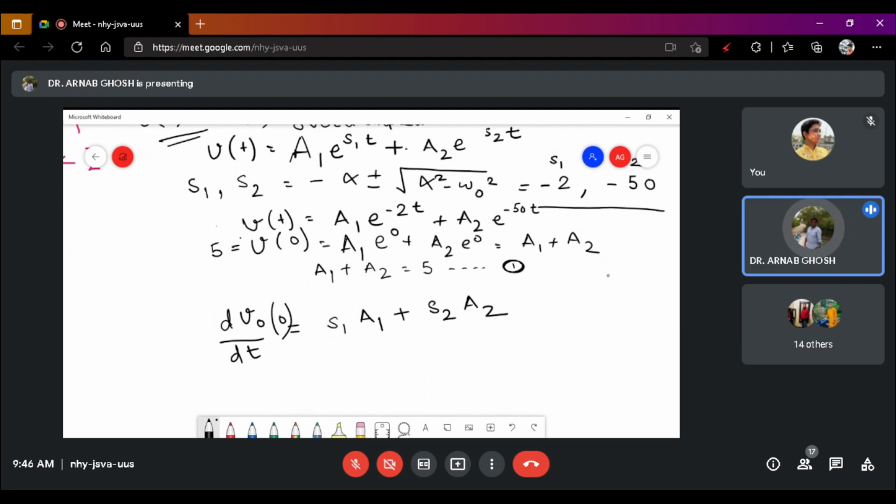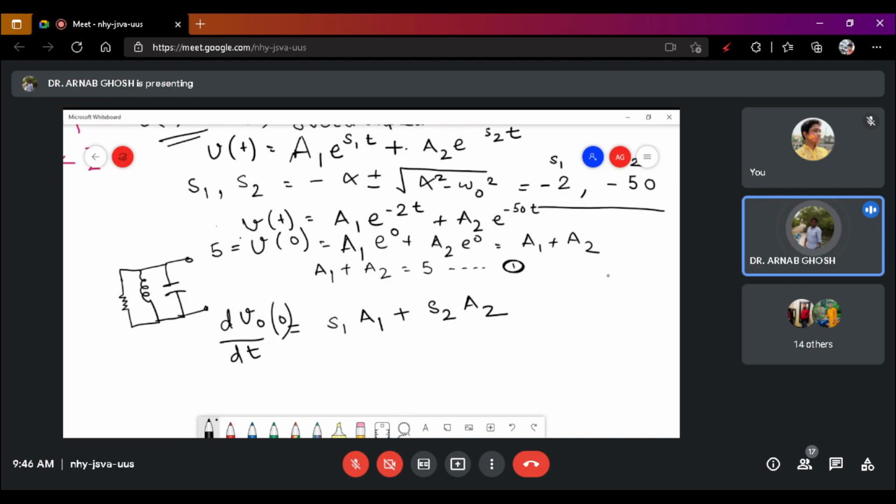So what was your initial expression when you had this parallel circuit consisting of the resistance, the inductance and the capacitance?